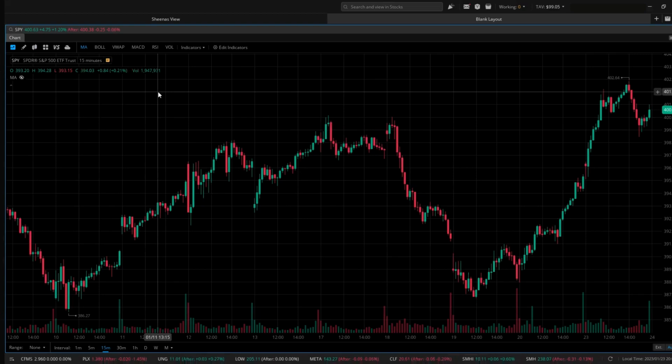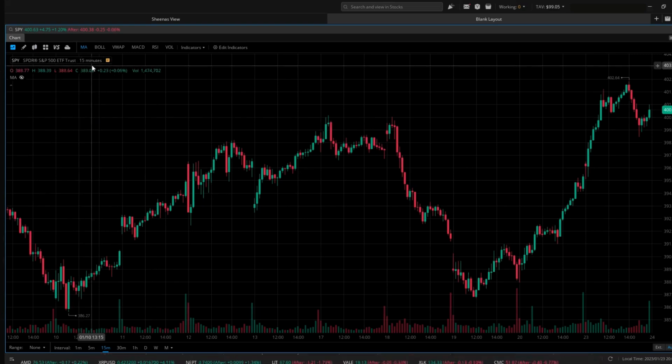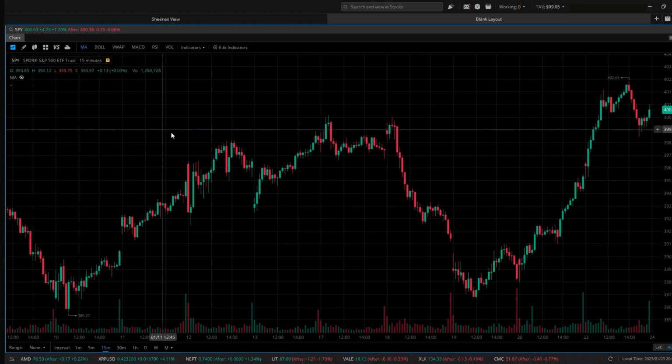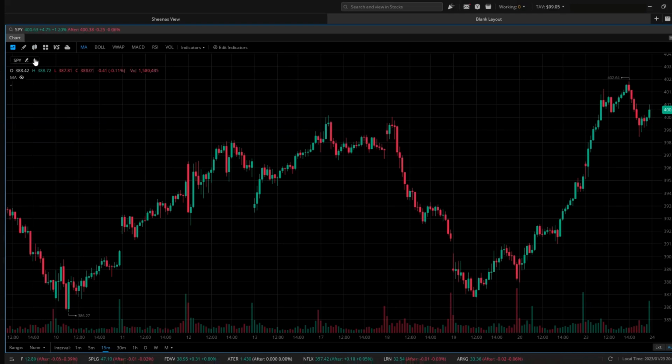And right now, we are on a 15-minute time frame. So I want to take us from the top of the chart now to the bottom of the chart briefly here so we can talk about time frames and intervals.